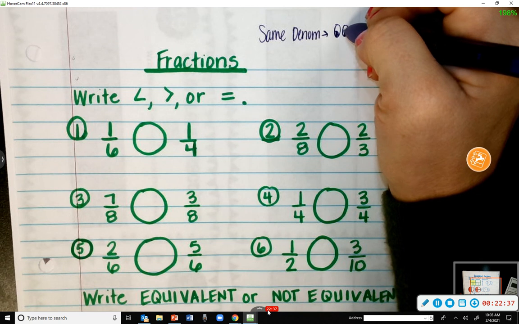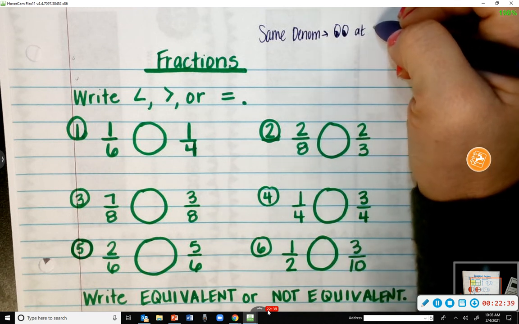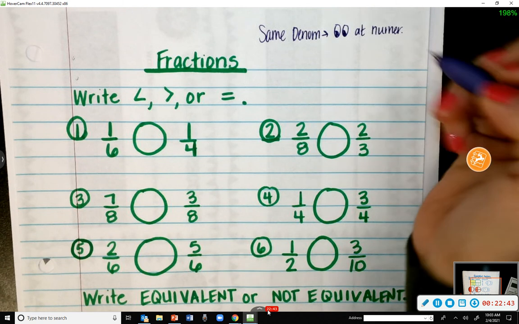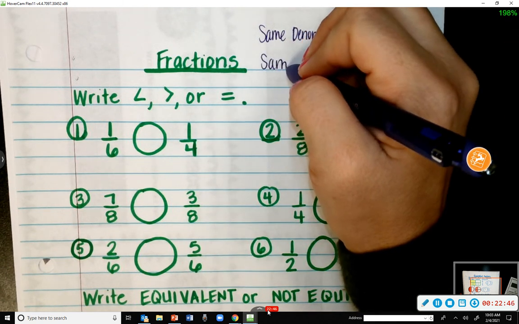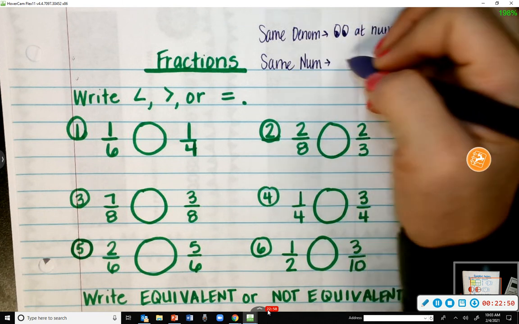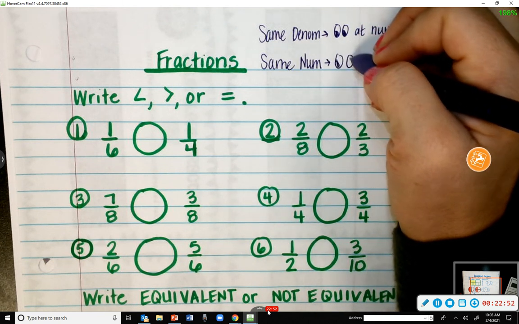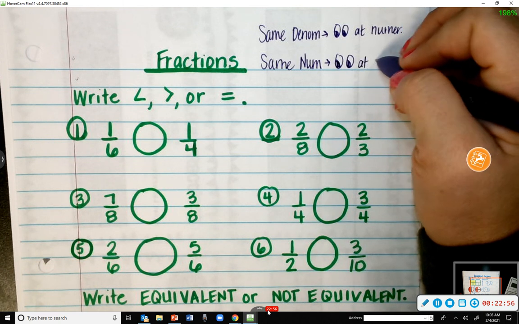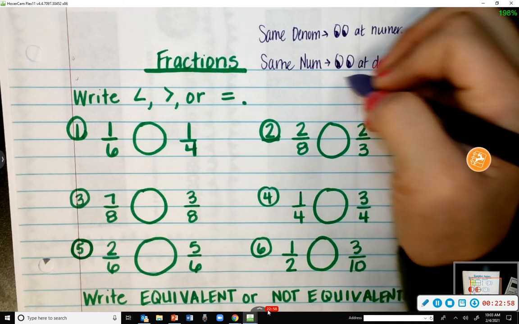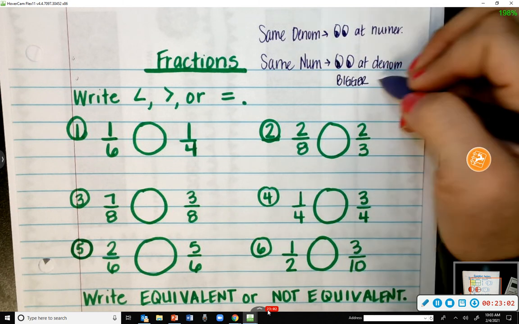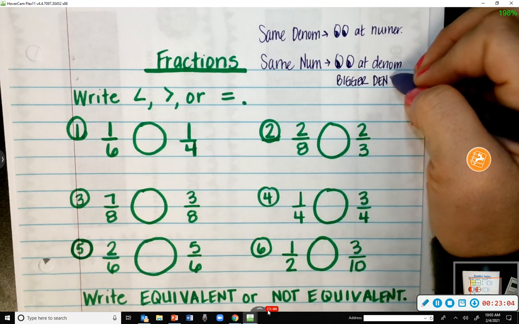I'm just going to do eyeballs. Same numerators, we look at the denominator. Good. And if the denominator is bigger, what does that mean? Bigger denominator means smaller pieces.